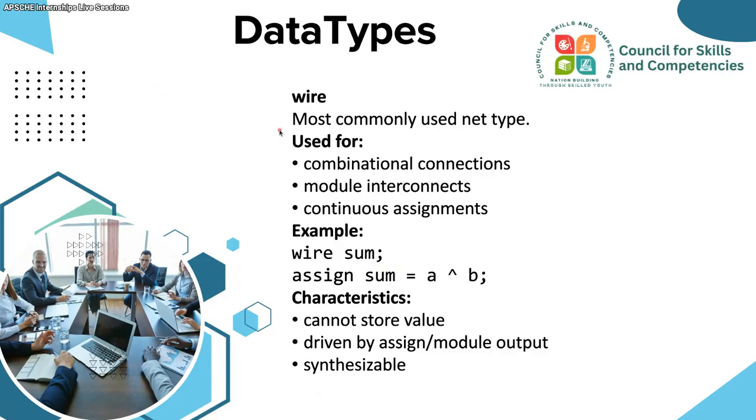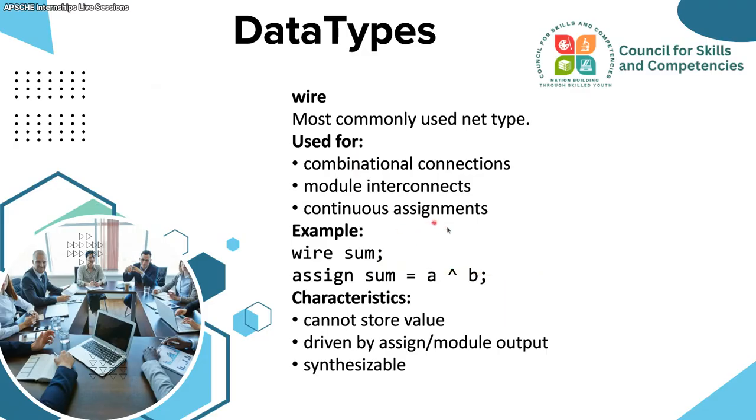In the net data types, mostly we will use the wire data type. It is used for combinational connections, for the modules which we want to interconnect, and for continuous assignment.